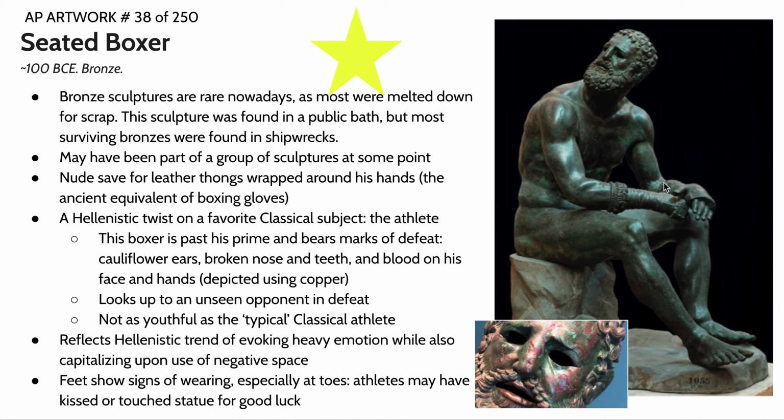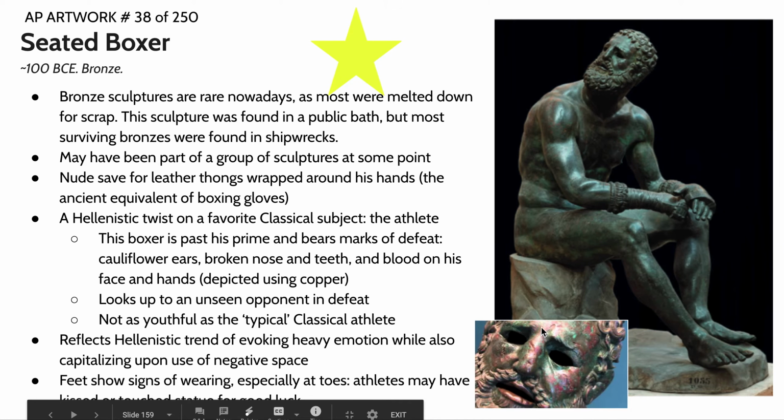But when you look at the seated boxer right here, he's sitting down, his shoulders are slumped, his back is arched, and he's looking up as if he's looking at an opponent that has bested him. There's also this beautiful modeling on the face that's showing these cuts and bruises. There was actually copper that was used to create these red sections on the face to show that he's bruised and bloody.